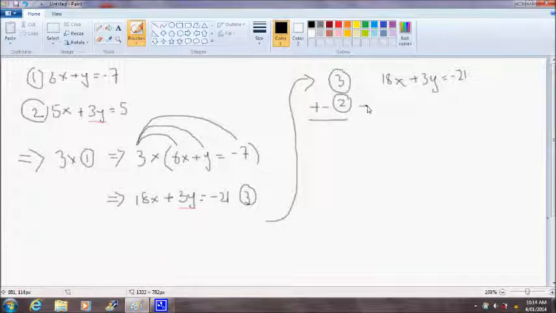Actually, what we're basically doing is adding a negative of equation 2 to equation 3. So a negative of equation 2 would imply that we multiply the negative right through the equation. So we're going to end up with negative 5x, multiplying negative 1 by 3y will give us negative 3y, and multiplying negative 1 by 5 will give us negative 5.